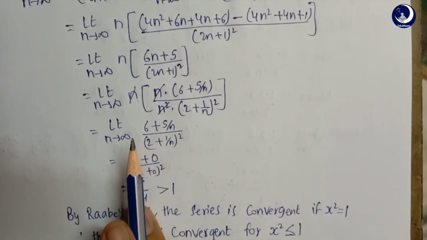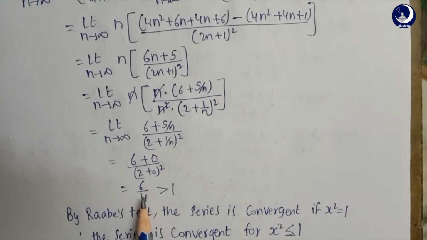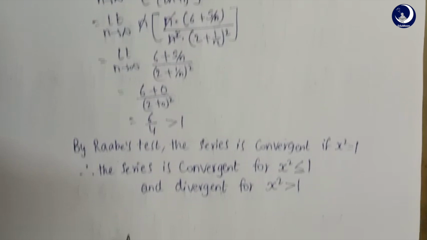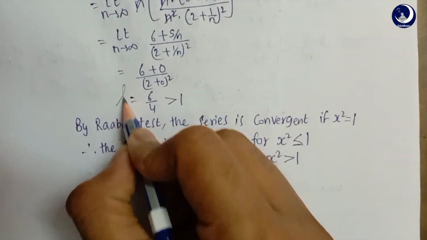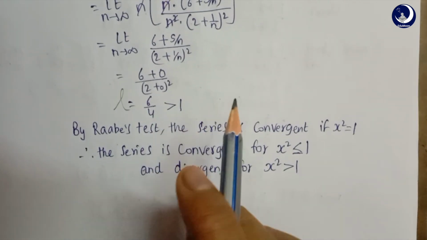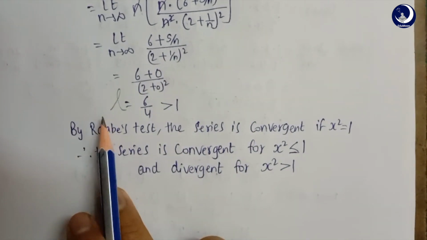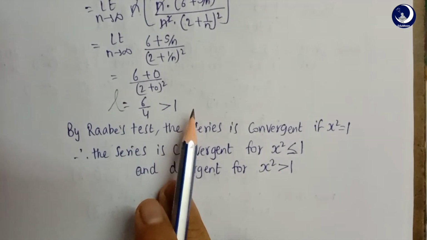So by applying n to infinity the 1 by n terms are 0. Then 6 by 4 is the final value. Here 6 by 4 is the L value. L value is greater than 1. We already know that by Raabe's test, if L is greater than 1, it is convergent.